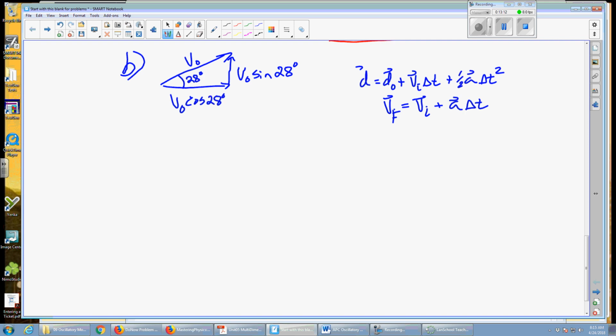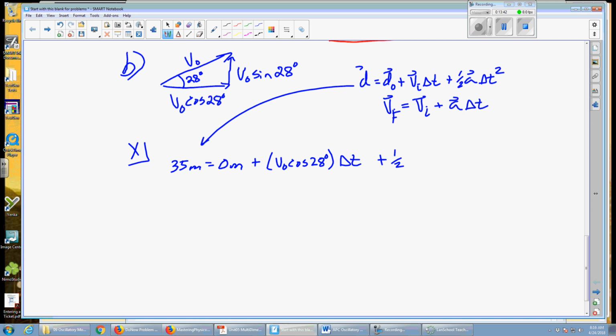So let's see how far I can get in the X direction. I know where it ends up. I'm going to use this one in the X direction. It ends up at 35 meters. It starts at 0 meters. Its initial velocity was V0 cosine 28 degrees. I don't know the amount of time. What's the acceleration in the X direction of a projectile?